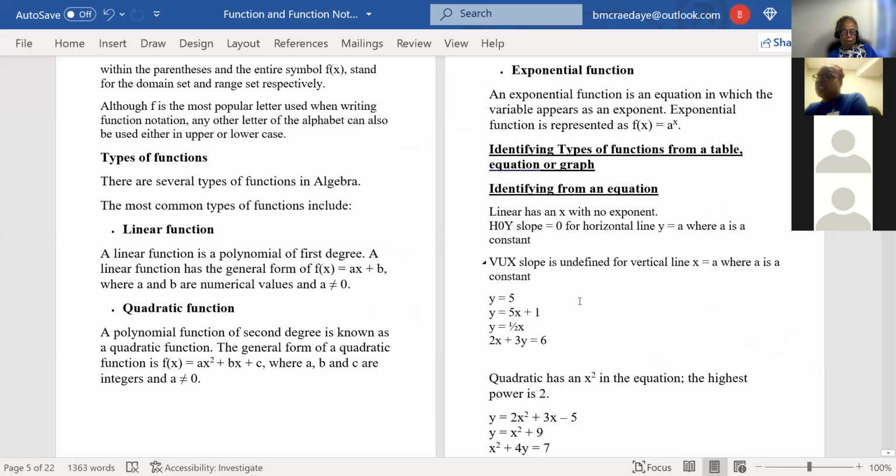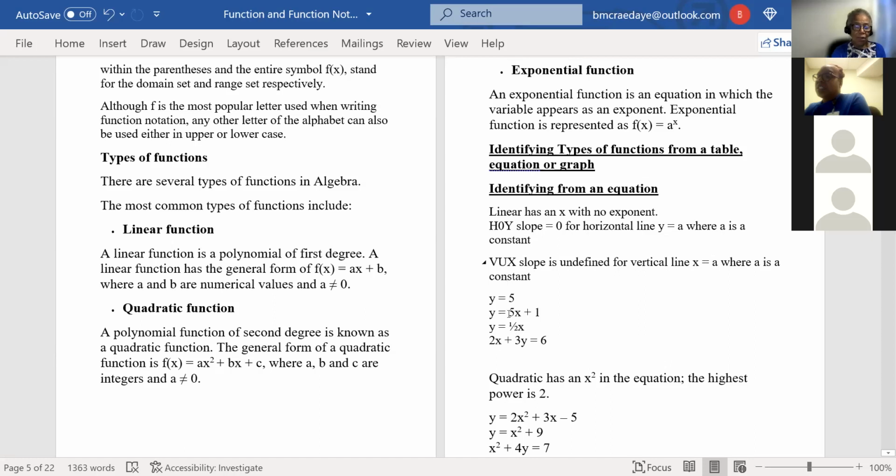So we have 5 minus 5 is 0. That's a 0 slope. Okay. H or Y slope 0. The vertical, we could have X equal 5, and that would be, see, vertical X equal A, where A is a constant. So X is 5, that would be the vertical line, undefined.